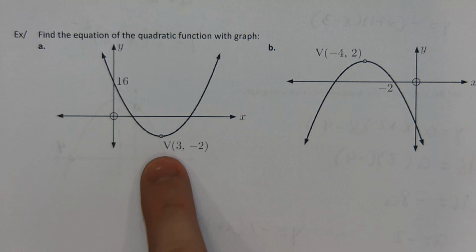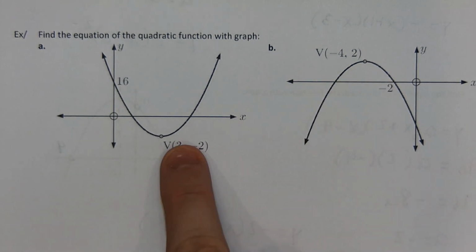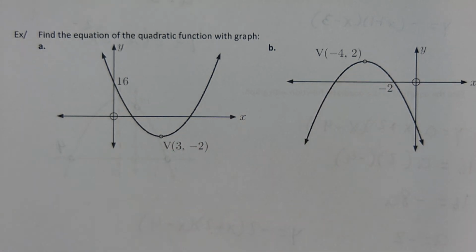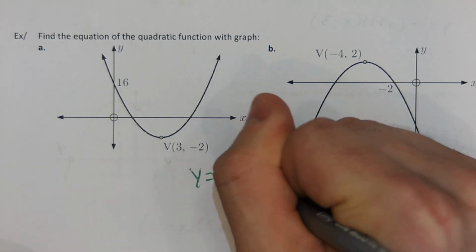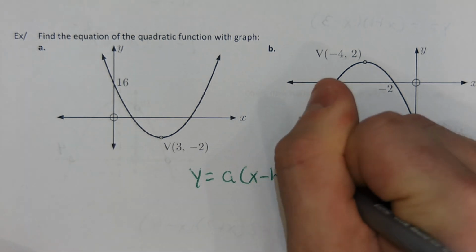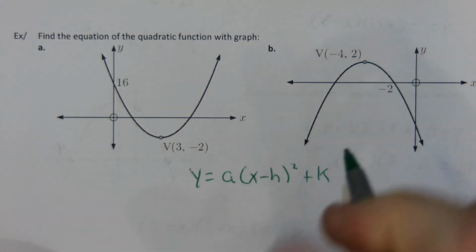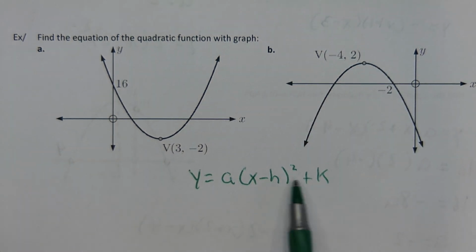Because we know the vertex of both of these quadratics, I'm going to suggest vertex form. It's just so useful. We'll just write generic vertex form. Y equals A times (x - h) quantity squared plus k, where the vertex numbers go here and here.